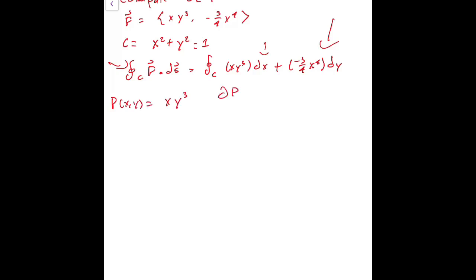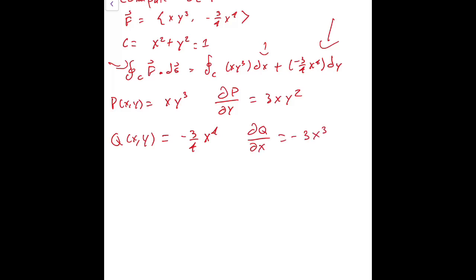The partial derivative of P with respect to y is equal to 3xy squared. Q of x,y is a thing that multiplies the dy. This is minus 3/4 x to the power of 4. The derivative of Q with respect to x is equal to minus 3x cubed.